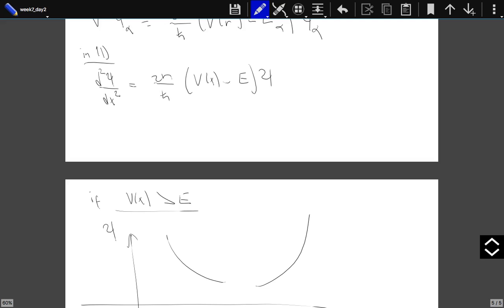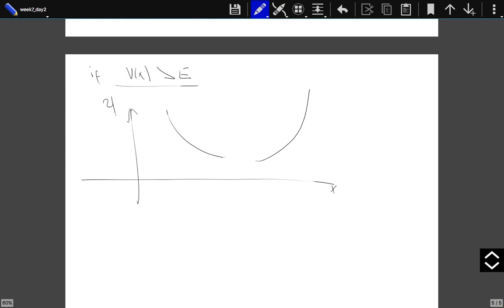The other possibility is that psi is negative in this region. Then V(x) minus E is positive, so the second derivative is negative, which means the slope is always getting smaller and smaller. So in that case, it will behave either like this or like this. These are the possible behaviors we have.